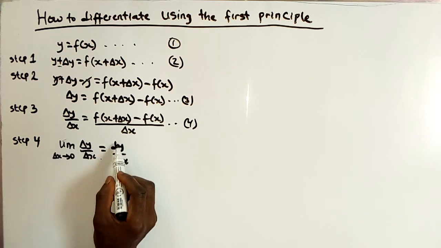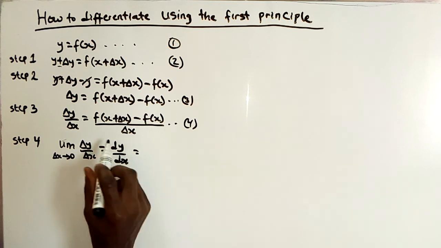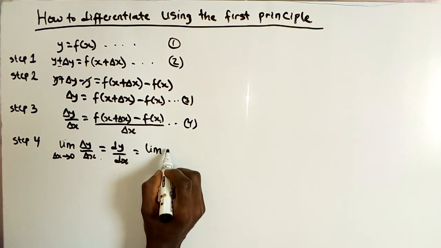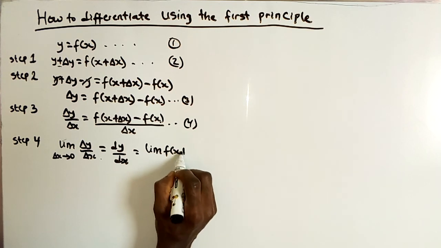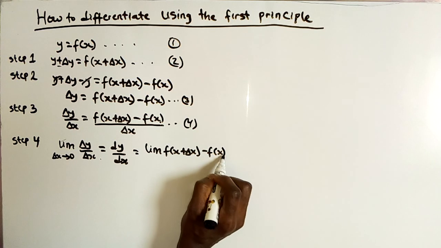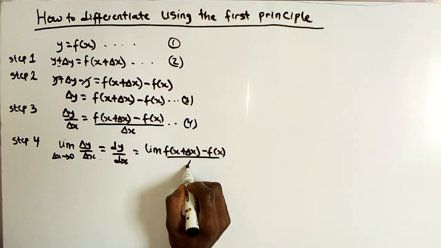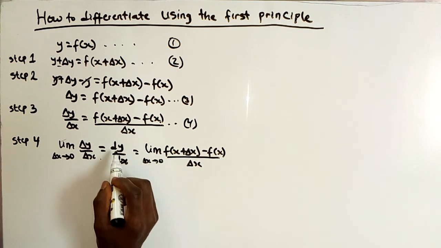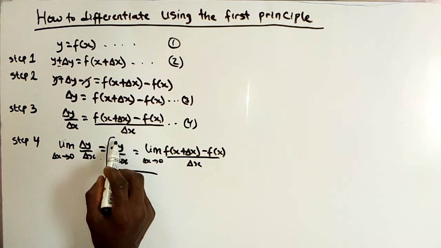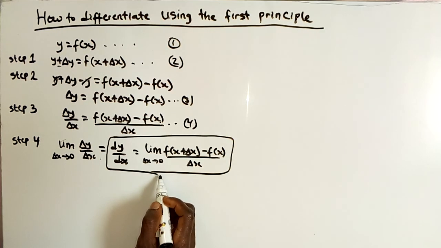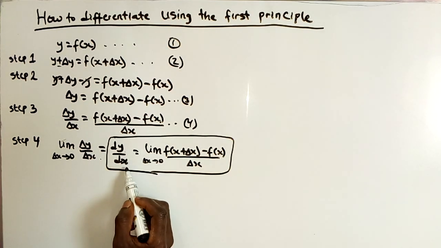The limit of this will give us dy ds, is equal to, now the limit of the other side, which is f of s plus changing s minus f of s over changing s as changing s tends to 0. So this is what we call our derived definition of dy ds.